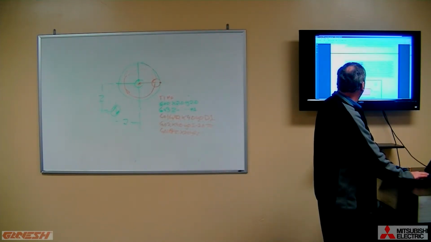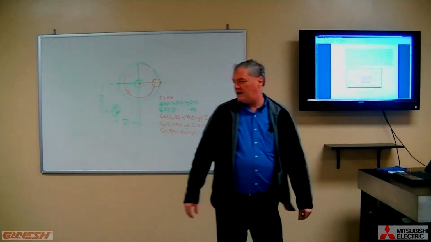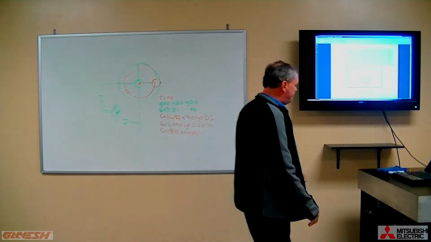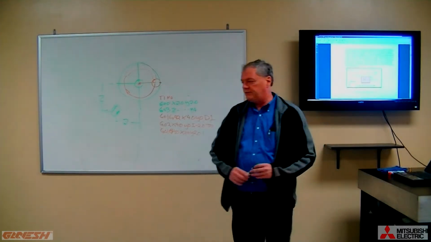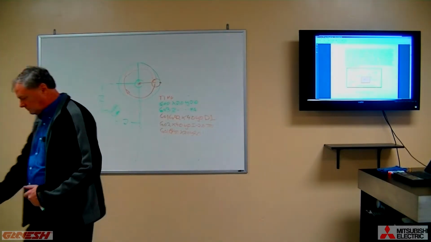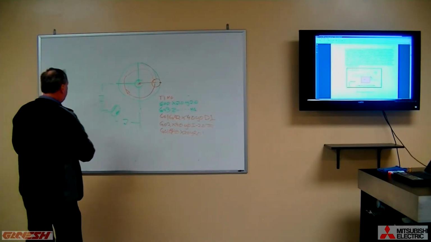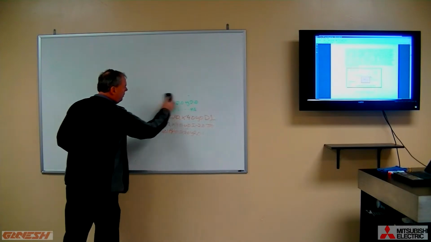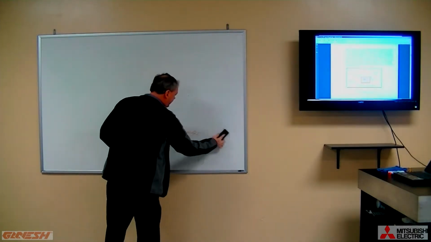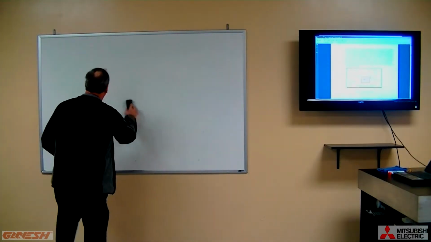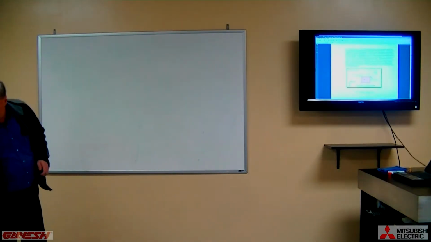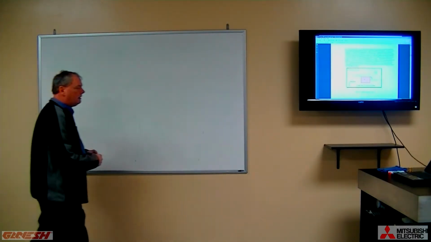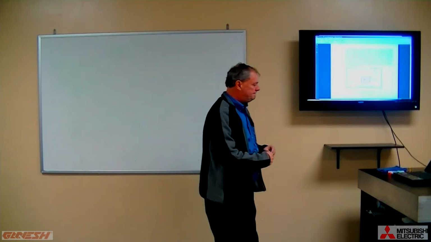And this is a very important concept because what you've seen up till now is the examples we've used have been coordinate origins that exist on convenient locations related to a component that we're machining.